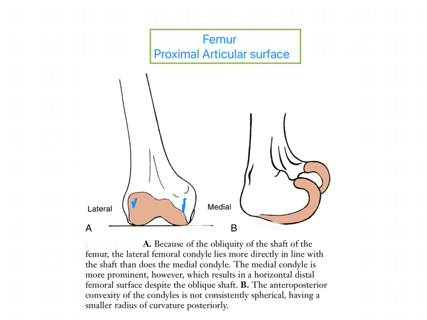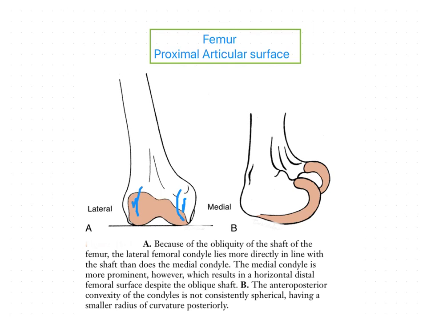Okay, the condyles have a large and very obvious curvature anteroposteriorly, but each is also slightly convex in the frontal plane. So each condyle appears slightly convex in the frontal plane.